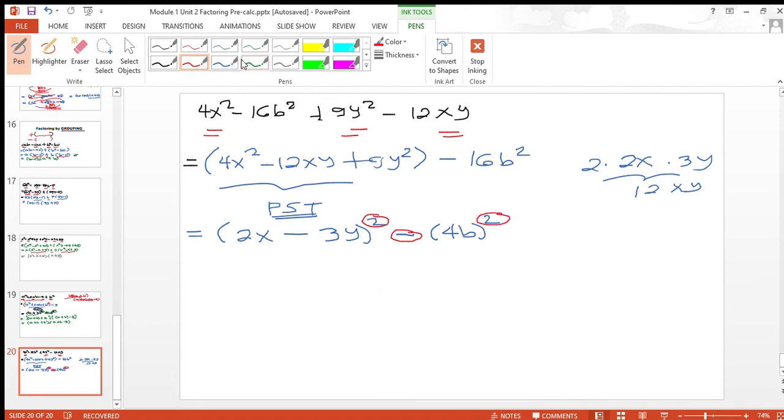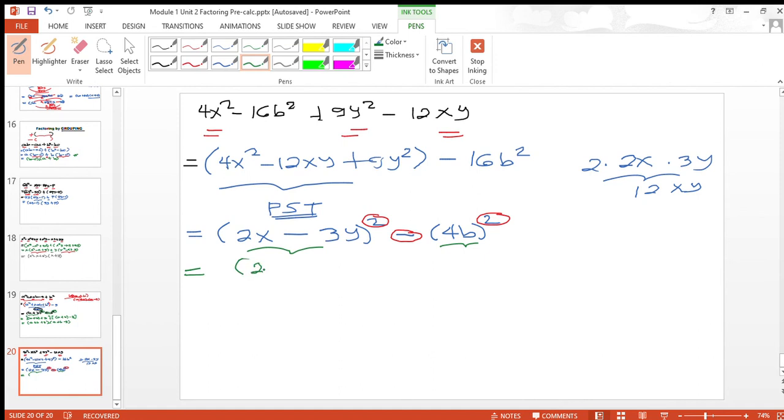And since we have produced a difference of two squares, according to the rule, we have the first term squared minus the second term squared. If we go back to the formula, a squared minus b squared is a plus b times a minus b.